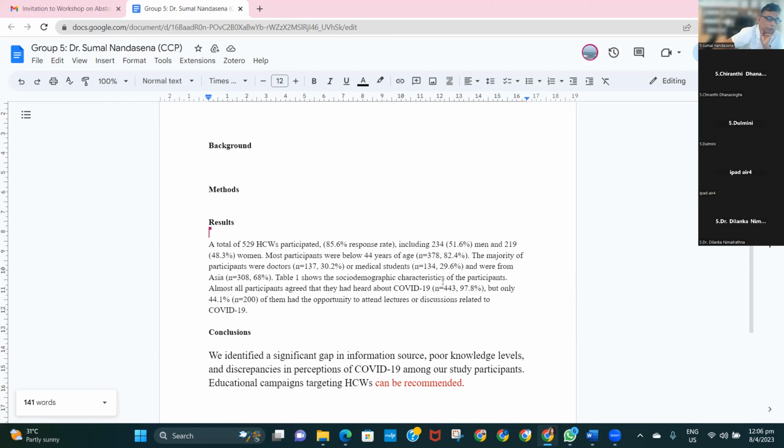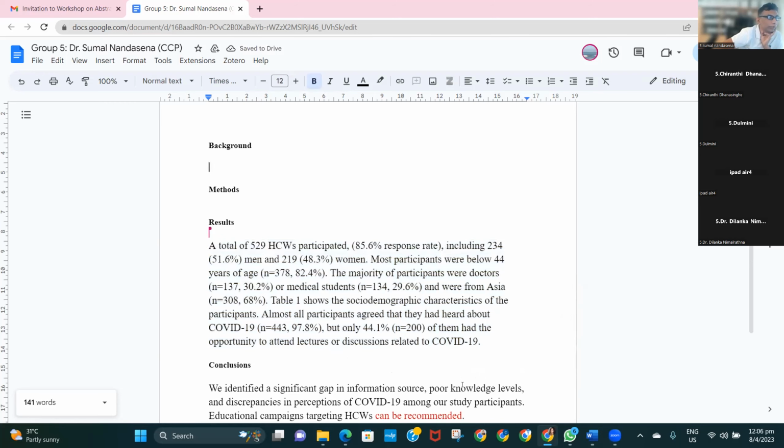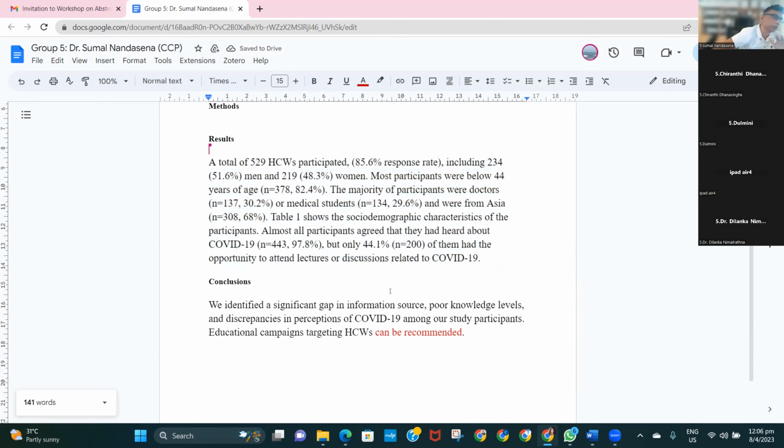But anyway, usually in the socio-demographic characteristics, we keep a little bit of the demographics as well, like the response rate, how many women, how many men. That kind of information we usually keep, because the person reading the abstract will have a sense of, okay, this population is like this, this is the size of the population, and so on.